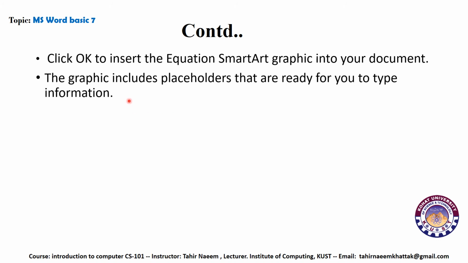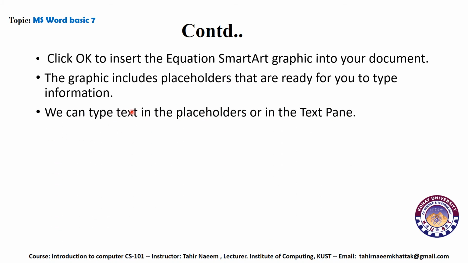Whenever we click on the Equation SmartArt graphic and click OK, the diagram will appear in our document, and there will be different placeholders or text in which, as I have previously mentioned, we have to type our information according to our requirement, because we cannot keep the default information.